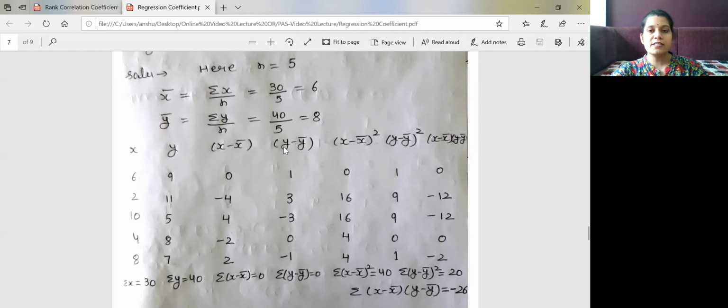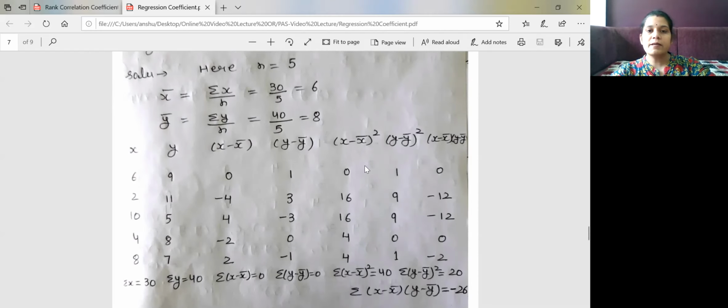So next is y minus y bar. Here this is our column of y, and y bar is equal to 8. So 9 minus 8, 1, 11 minus 8, plus 3, 5 minus 8, minus 3, 8 minus 8, 0, and 7 minus 8, minus 1.